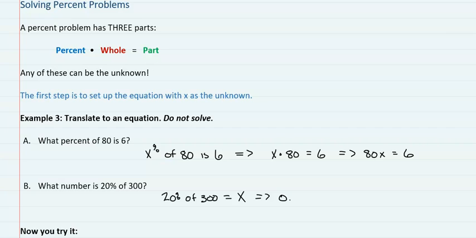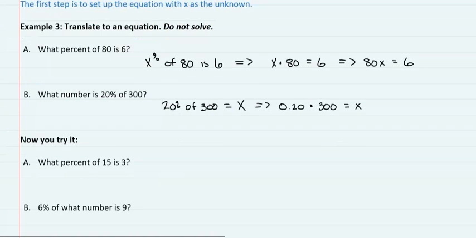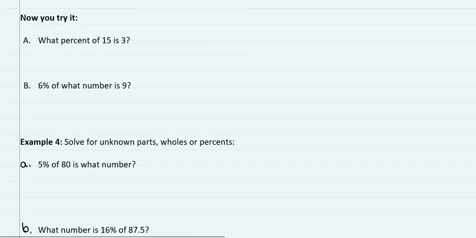So we get 0.20, so that's putting the percent in decimal form. Of is times, 300 equals x. And that one's pretty easy to solve. You just multiply them to find x. All right, so the next couple are for you to try. So give these a shot, pause the video, come back and check your answers.